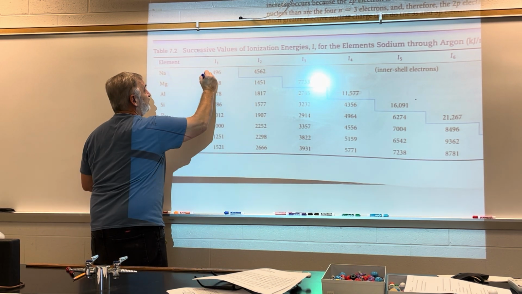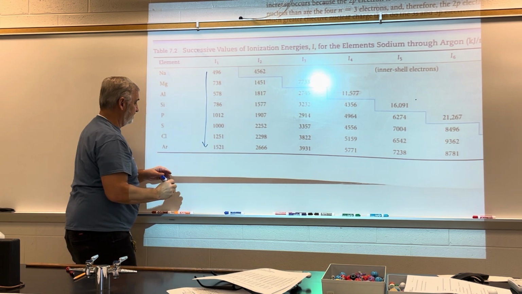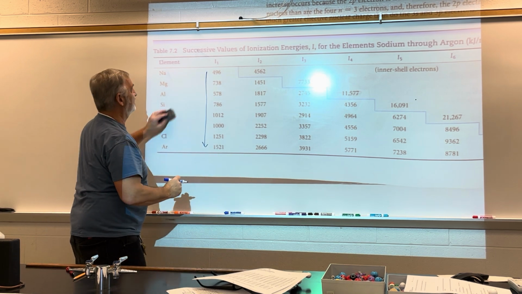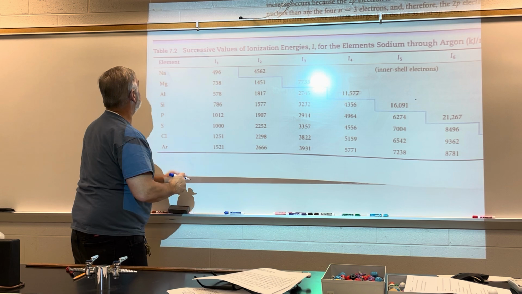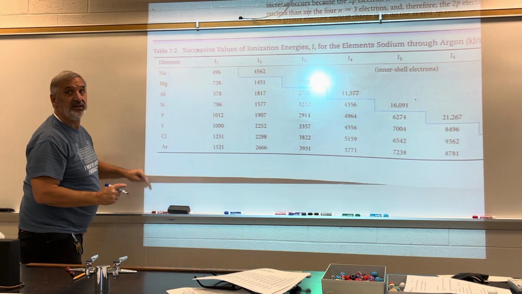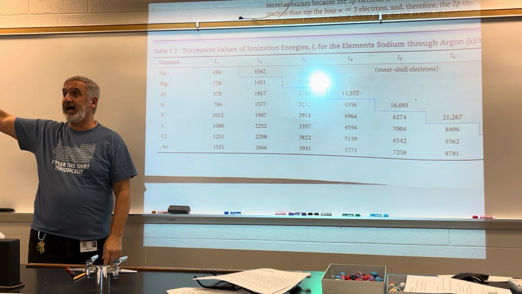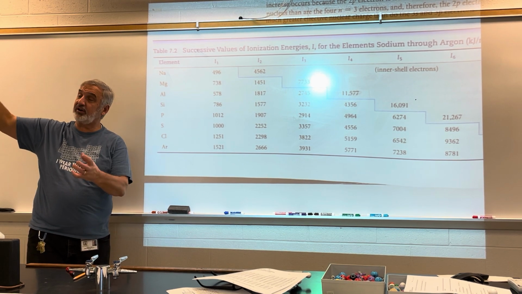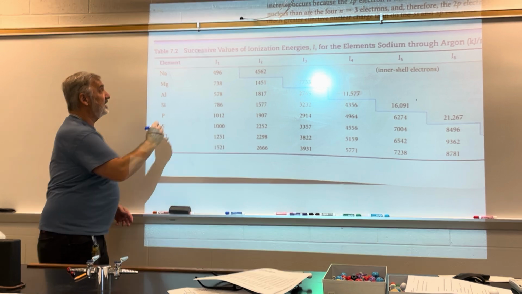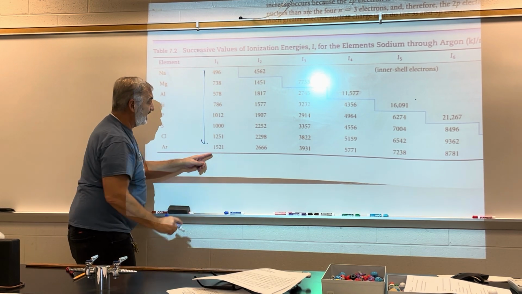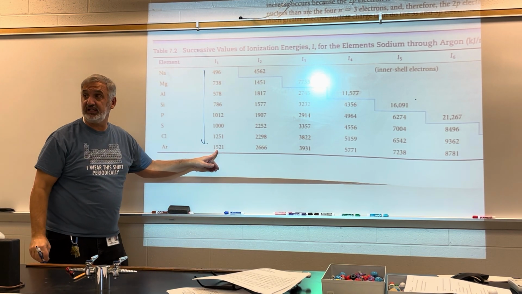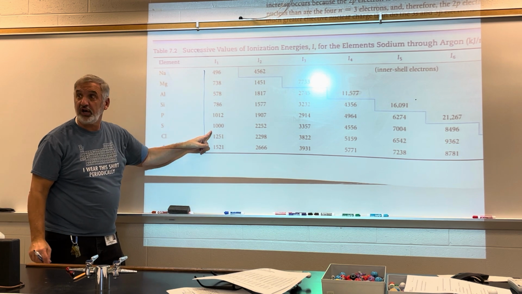This is going across a period, from left to right. So what's happening to the atom? It's getting smaller. So what does that mean about the attraction for the electron? It's getting bigger. And so notice that the ionization energy is increasing as you go across the period.